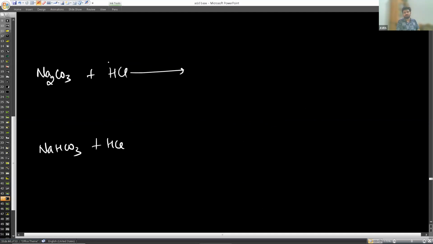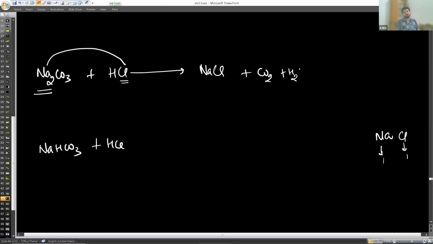The chloride ion will go in making the salt, NaCl. Why NaCl? Because salt is always formed from the metal, and from the acid you remove the hydrogen and take the chloride ion. Na has valency 1 and chloride ion has valency 1, so there will be NaCl plus CO2 plus water. Again, NaCl plus CO2 plus water. Got it? Yes, sir.